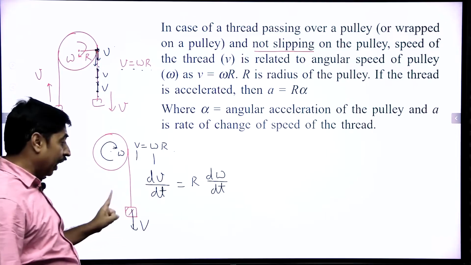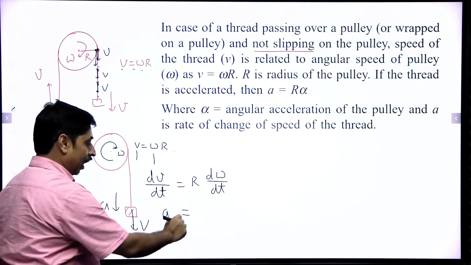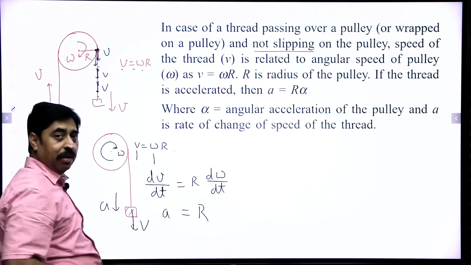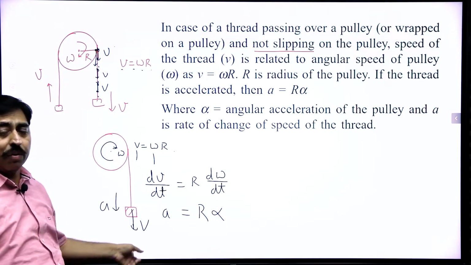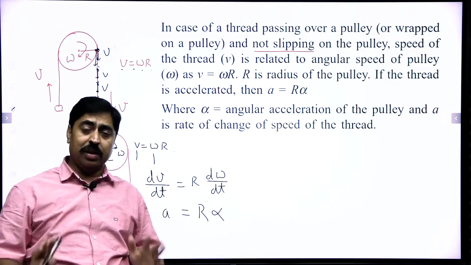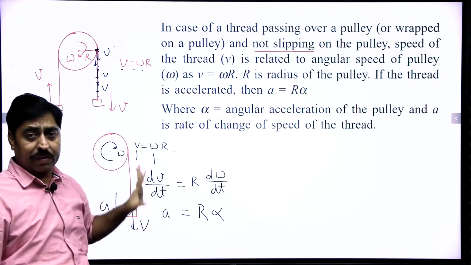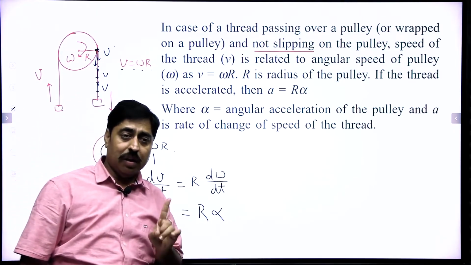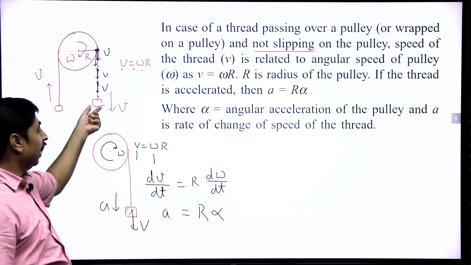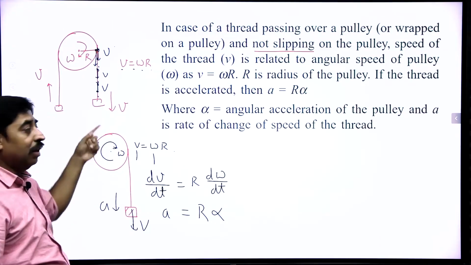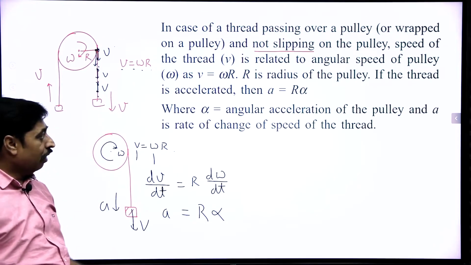If v is increasing, the rate at which v is increasing is known as linear acceleration of this body, and when omega is increasing, d omega by dt is known as angular acceleration of this pulley. So a is equal to R alpha. This relationship will be always true in such type of cases, so that there is no slippage. This will ensure that if velocity increases from 1 to 10 meter per second, then the value of omega r also increases from 1 to 10 meter per second.